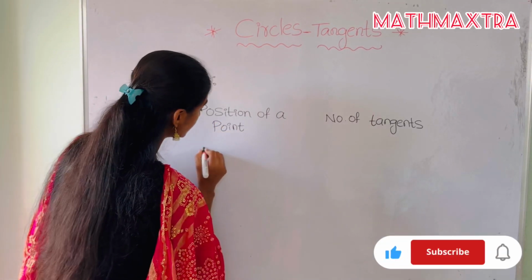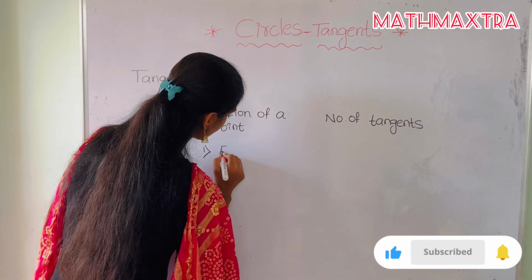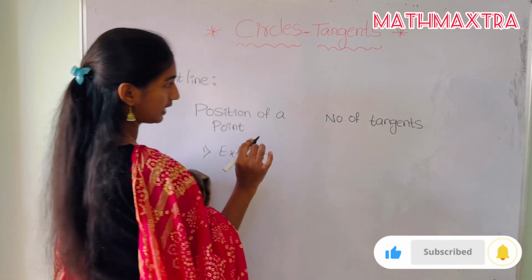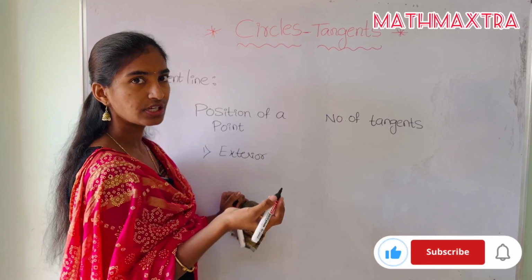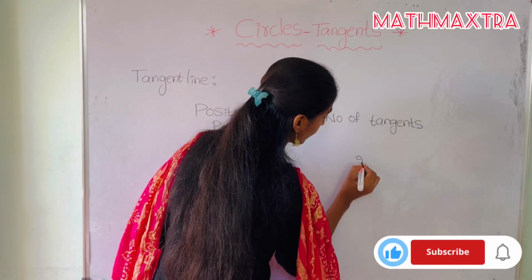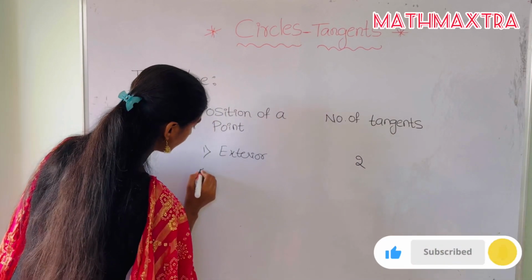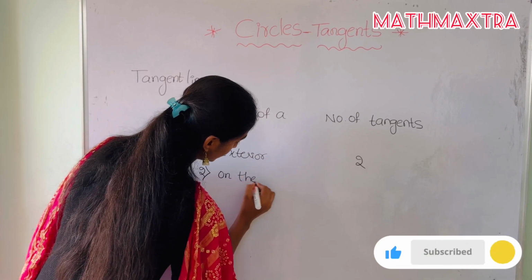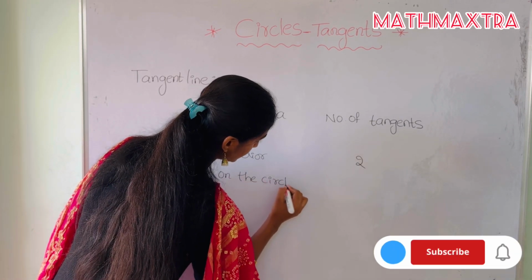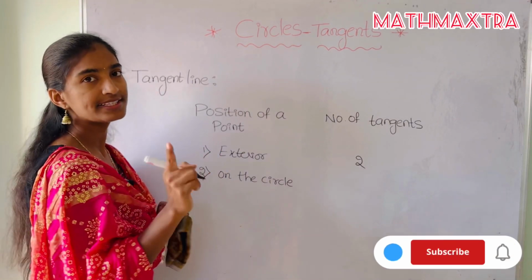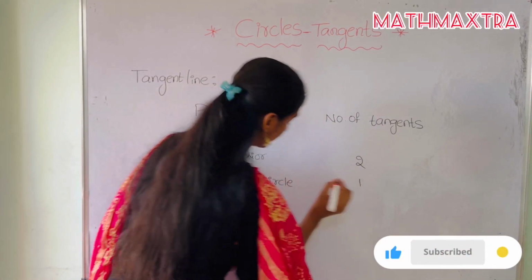It depends on the position of your point. In the first case, the point is exterior of the circle. Then how many tangents can you draw? You can draw exactly two tangents through that point. And if the point is on the circle, you can draw exactly one tangent through that point.